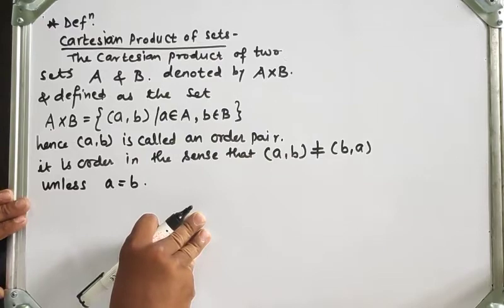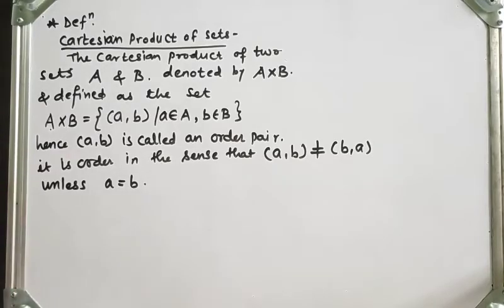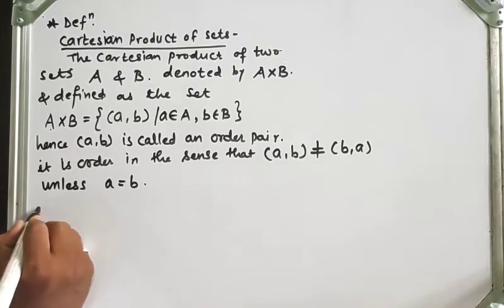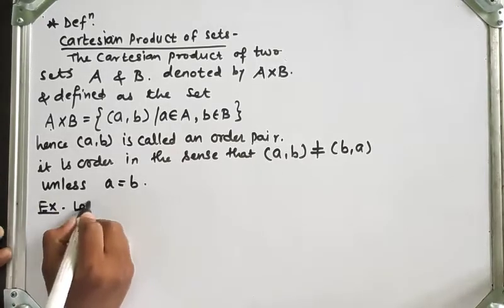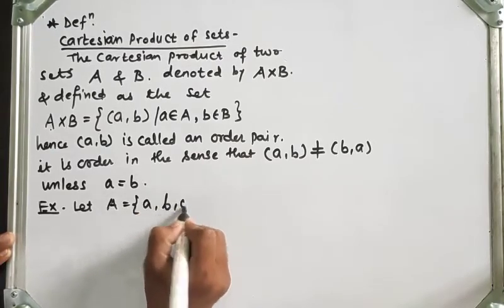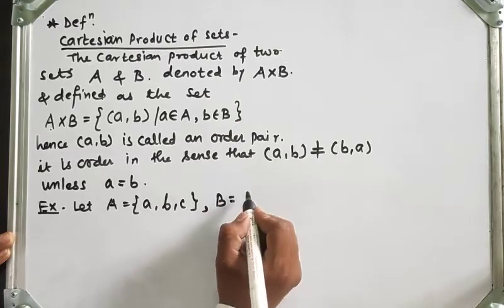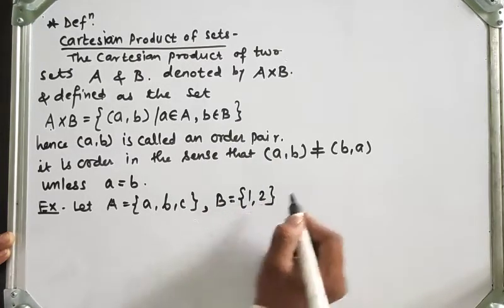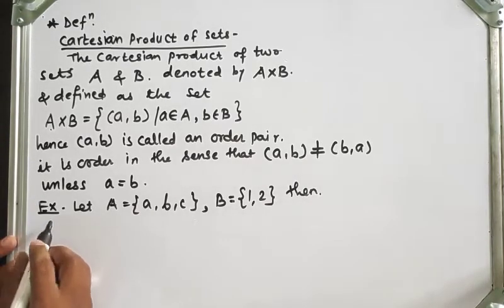So an unordered pair is a set, the singleton {a, b}. So, for example, we have to find a Cartesian product. Suppose set A has elements a, b, c and set B has elements 1, 2. Then what is their Cartesian product?